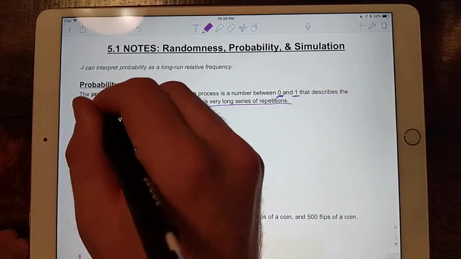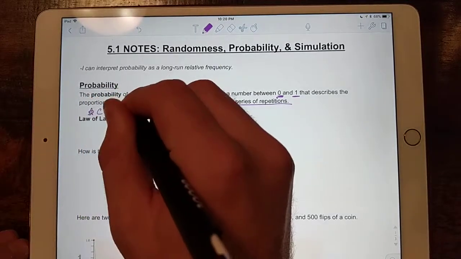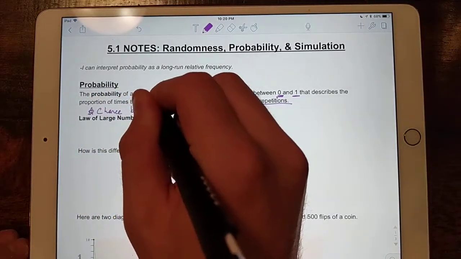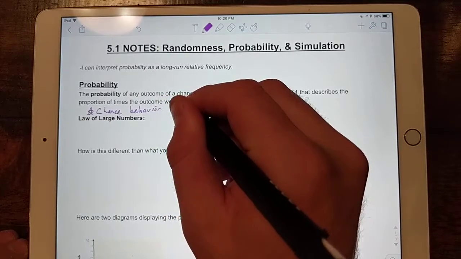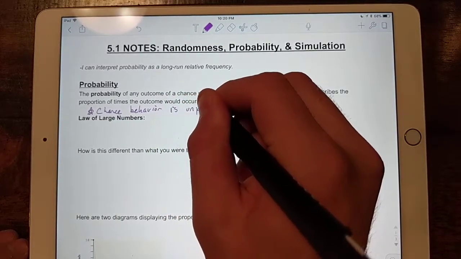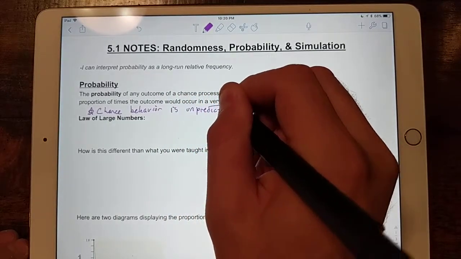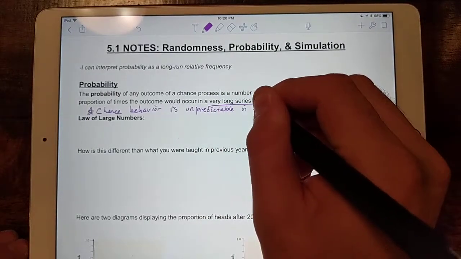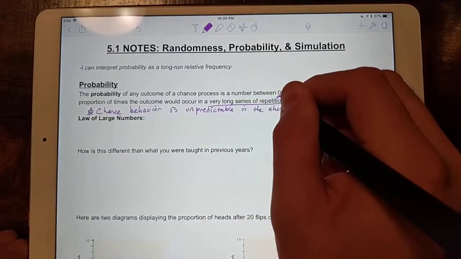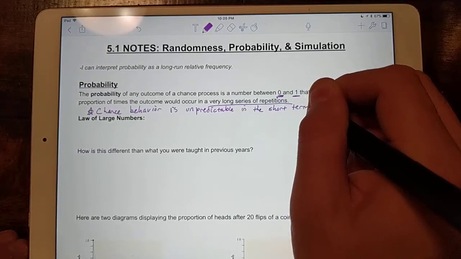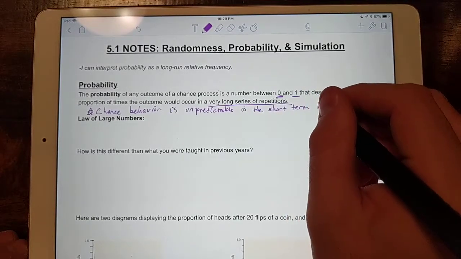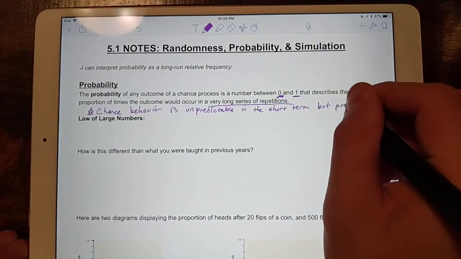Another way of saying chance behavior is unpredictable in the short term, but predictable long term.